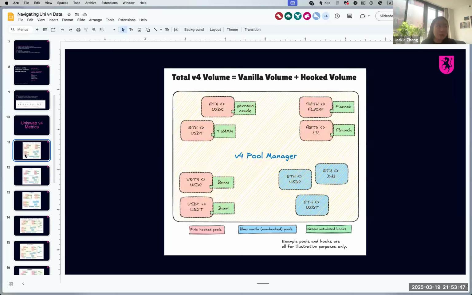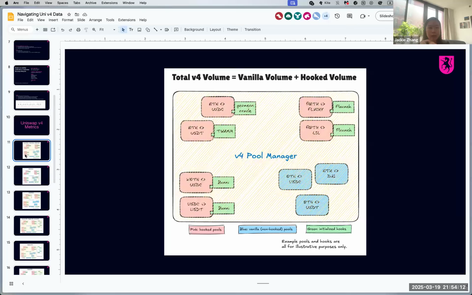And then practically speaking, if you are interested to track volume on a pool level, because that's a question a lot of people would ask, what you need to do is just single out the volume by the virtual pool ID. And then if you need to track the volume flowing through a particular initialized hook, you can just filter by the hook.